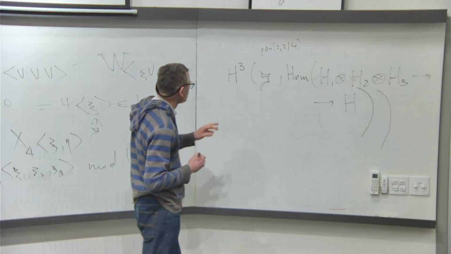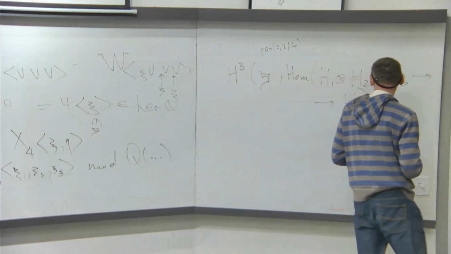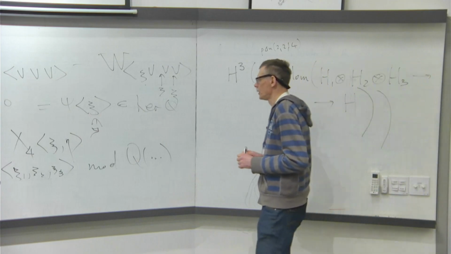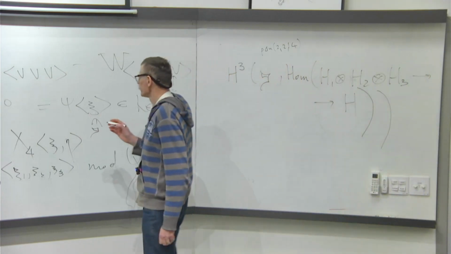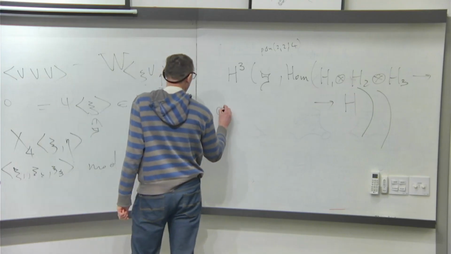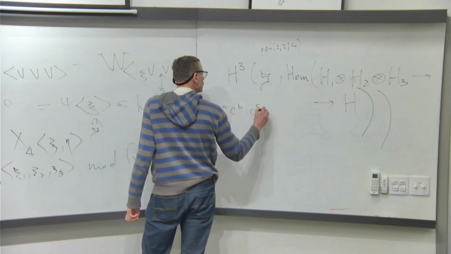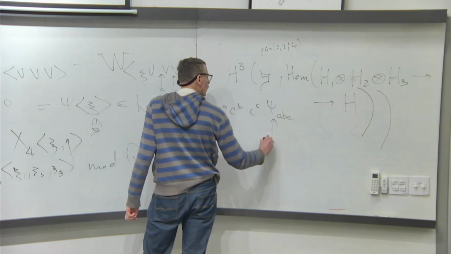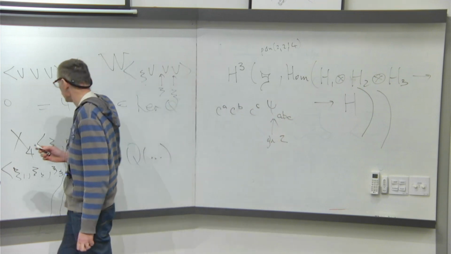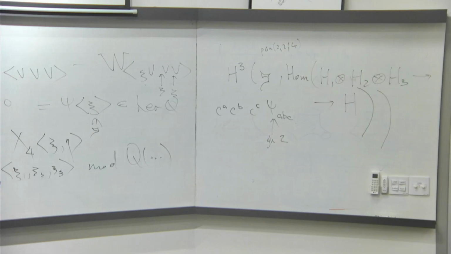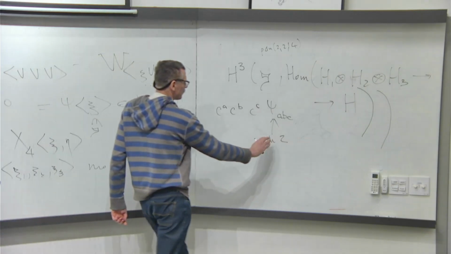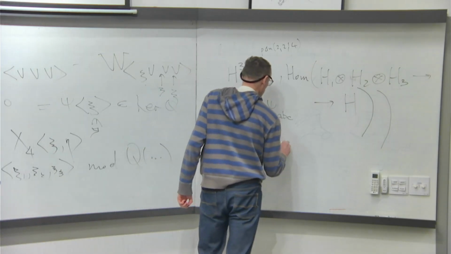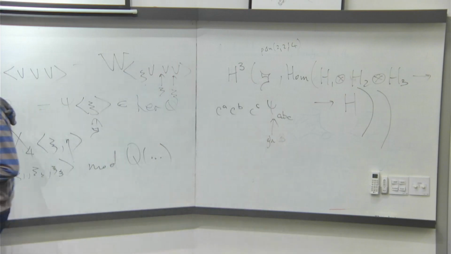To describe Lie algebra cohomology, I introduce spectator ghosts, so I will have something like c^A, c^B, c^C times psi_ABC, which is a ghost number 2 operator. So out of a product of three ghost number 2 operators, which has ghost number 6, I construct ghost number 3 vertex operators by this procedure, which is more or less the same as ghost number 2 vertex operators.